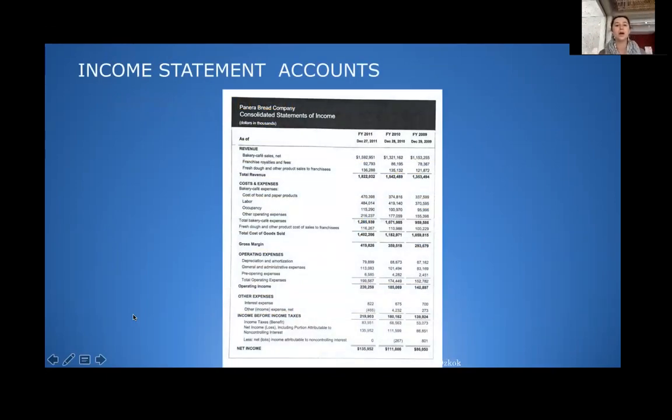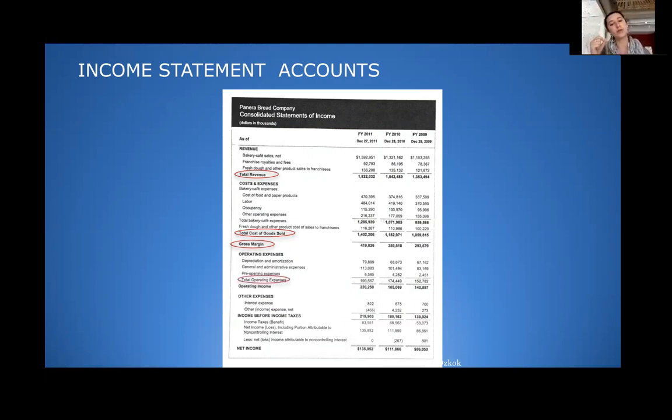So can we go to the next slide? It's the example from our PDF, Panera Bread Company's income statement, and it has three fiscal years of numbers. It shows total revenue and total cost of goods sold, and then gross margin. Gross margin is total revenues minus total cost of goods sold.